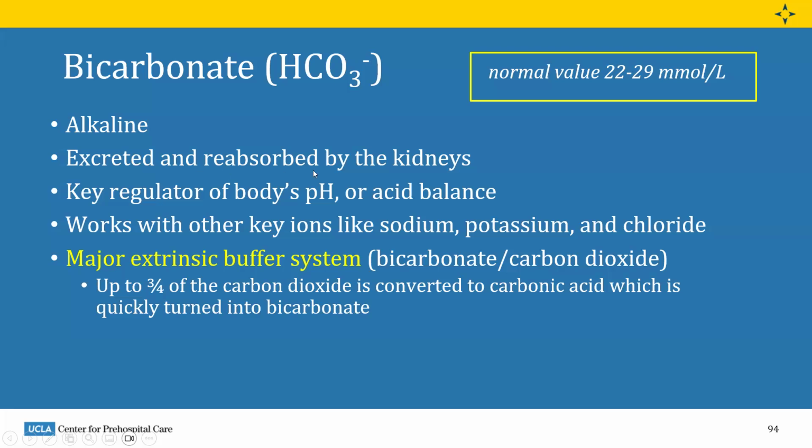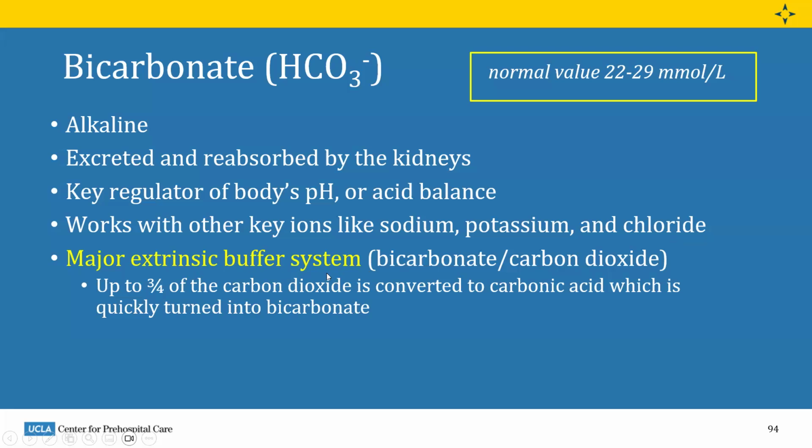It's excreted and also reabsorbed by our kidneys. So if there's bicarbonate in our filtrate, the kidneys can reabsorb that to increase our buffer level. It's really important for regulating our pH or acid balance, and it also works with sodium, potassium, and chloride.